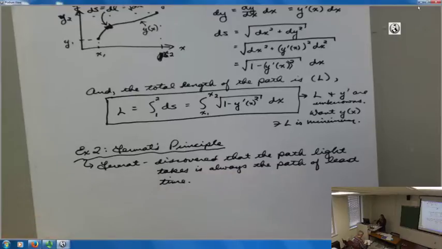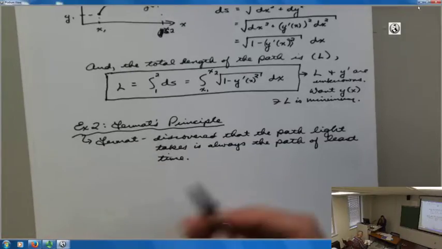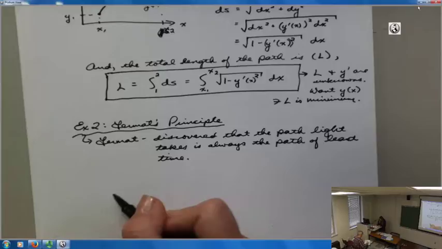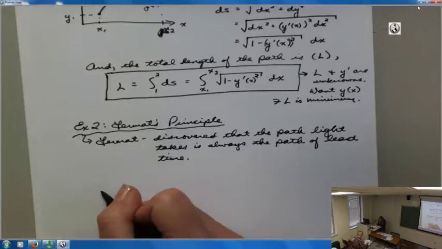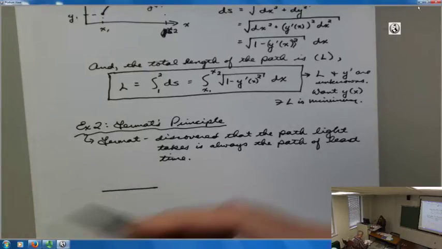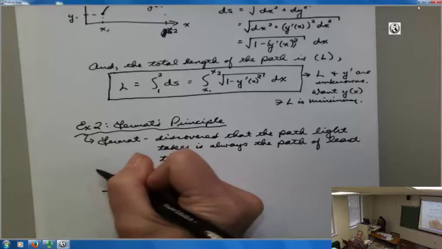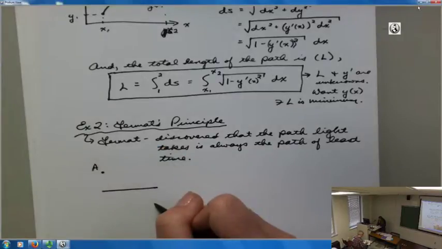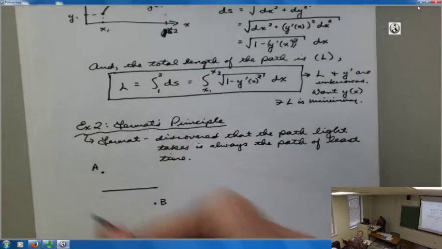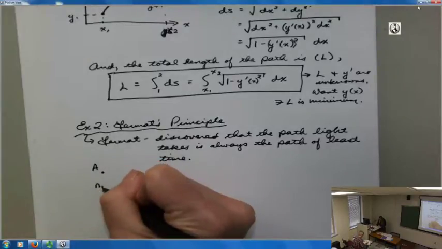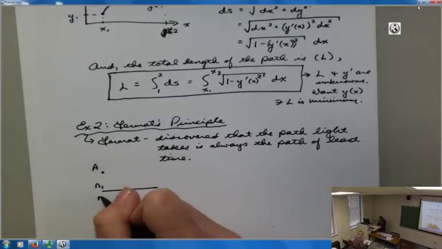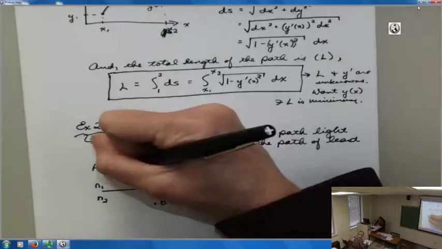So what this relates to is, let's say that you have an interface between two dielectric media. Let's say that you have a point A here and a point B here. And let's say we have an index of refraction up here of n1, index of refraction down here of n2.